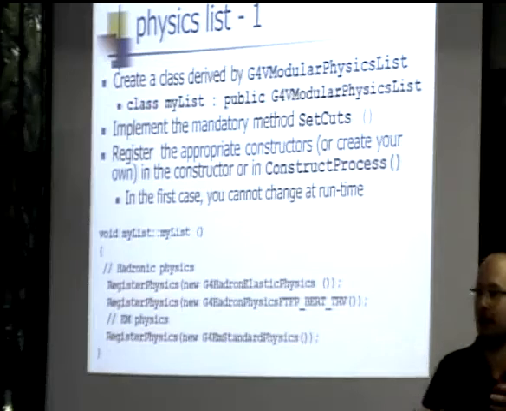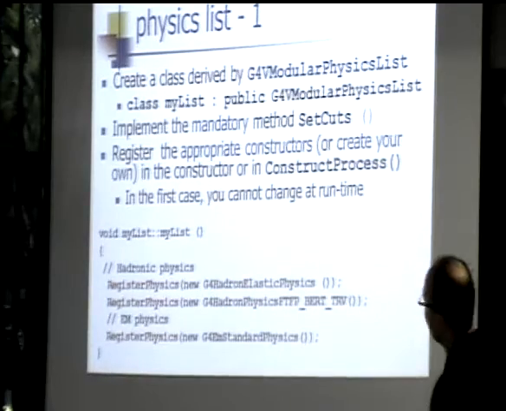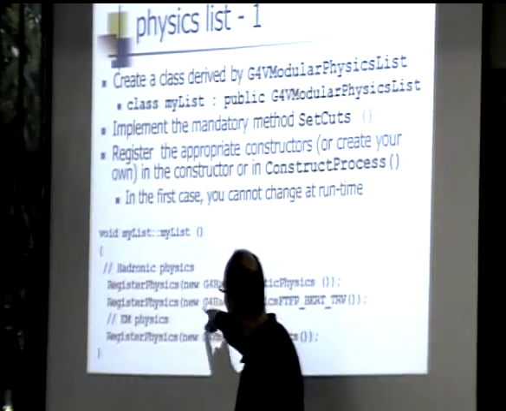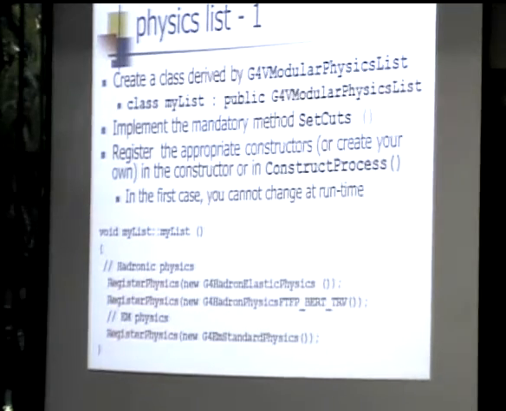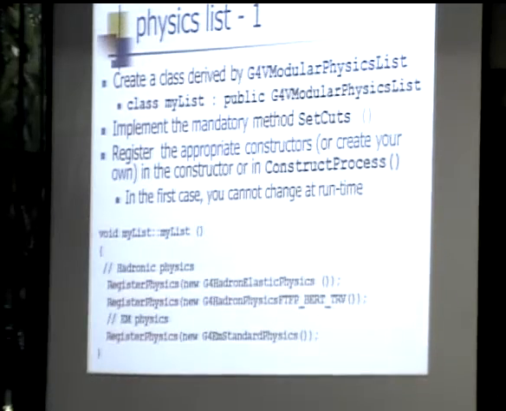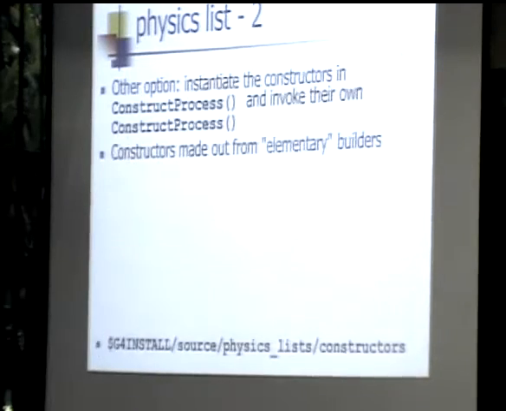So you are defining the physics by blocks here, and you have those three blocks defined, and that's it. Since these classes all start with G4, it means that they are classes provided by Geant 4. So you are using some blocks that are already provided by Geant 4, and you are just mixing them in order to build a physics list.